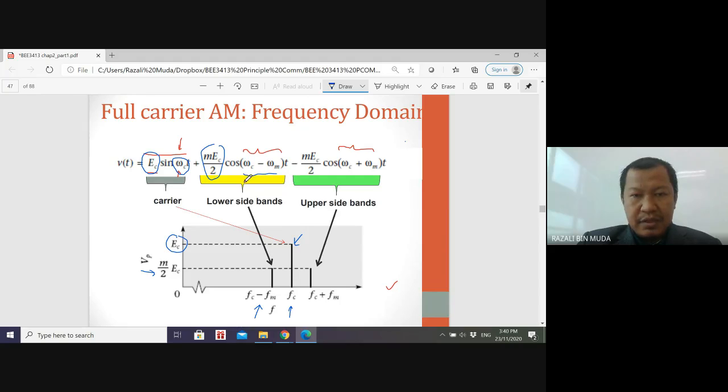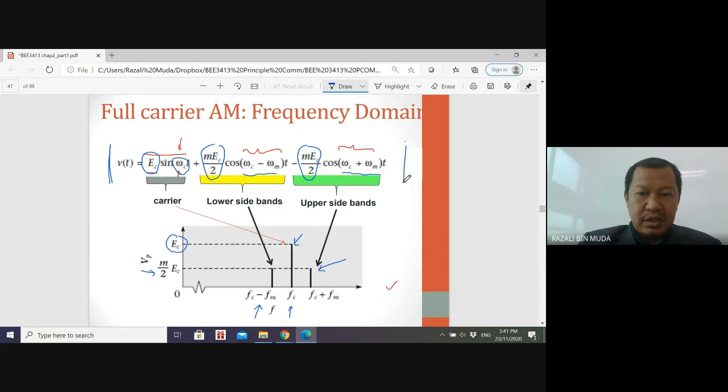And another part of this equation is the upper sideband, where we have the same amplitude, m Ec over 2, but the frequency is omega c plus omega m, or fc plus fm.